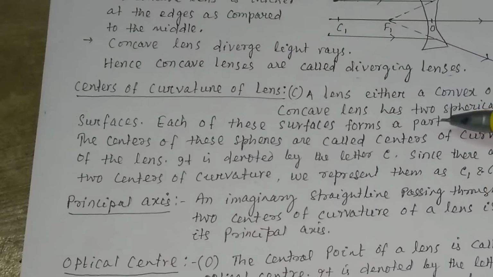Each of these surfaces forms a part of a sphere. The centers of these spheres are called centers of curvature of the lens. It is denoted by the letter C. Since there are two centers of curvature, we represent them as C1 and C2.